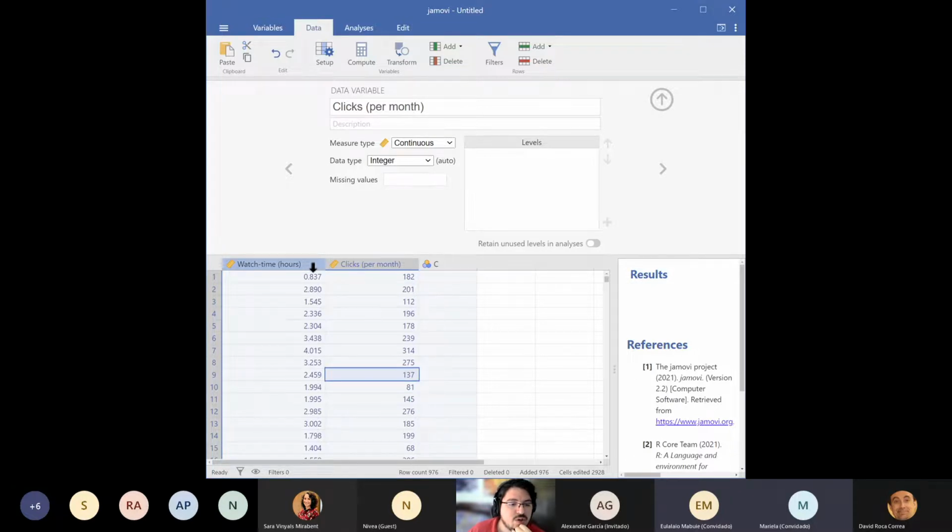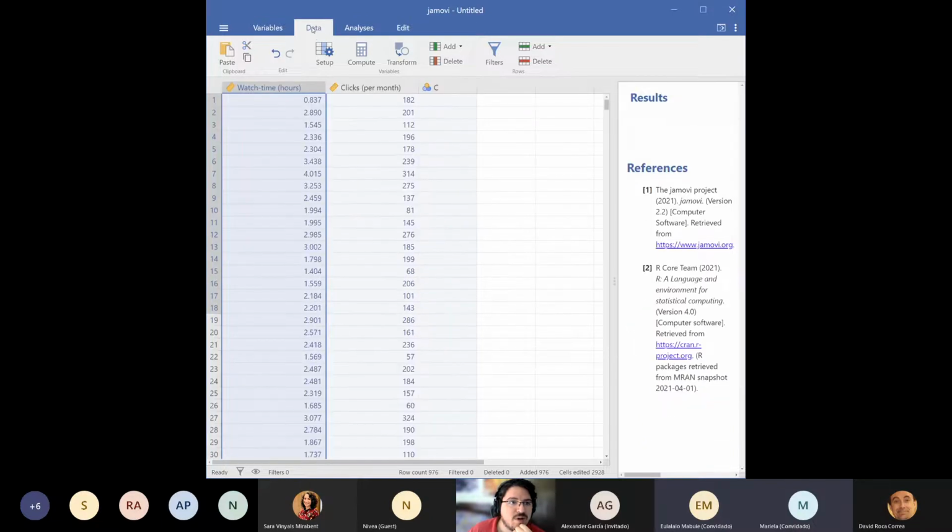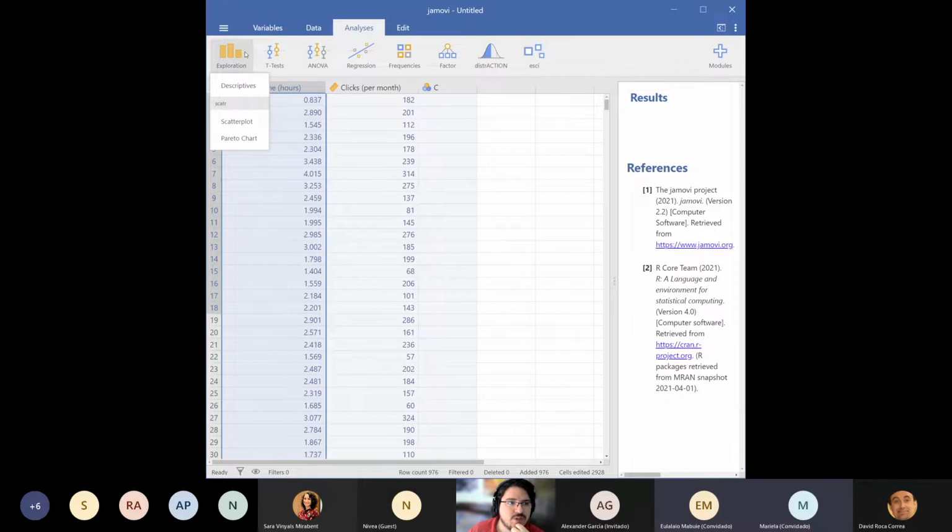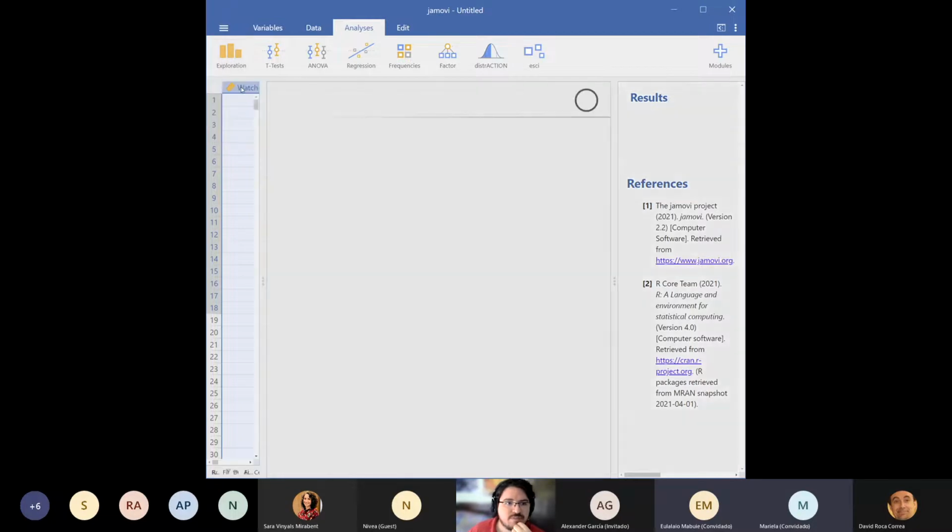We were in the data tab, so let's go to the analysis tab. So not data, analysis. And in analysis, we go to exploration, and in exploration, we go to descriptives.